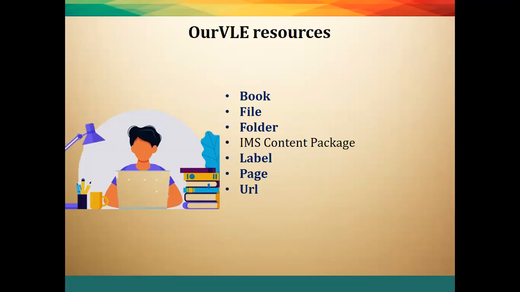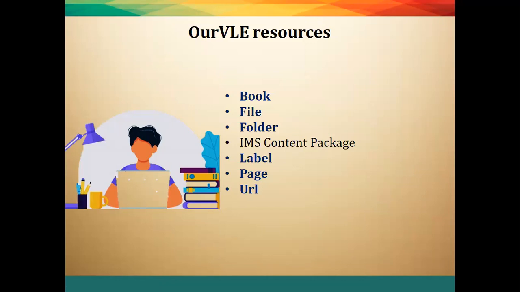So we have each of these resources play a particular role. The book is several pages where you can use text and information and multimedia and hyperlinks and so forth. A file is a single file, whether it's a text file, an audio file, a PowerPoint file, any kind of file, but it's usually just one file that is uploaded at a time.